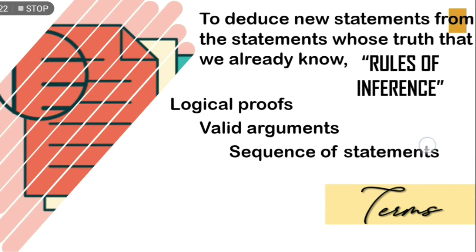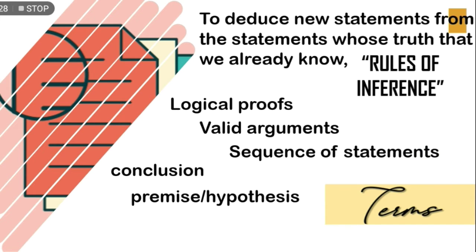The last statement is the conclusion, and all its preceding statements are called premises or hypotheses. This symbol is read "therefore" and is placed before the conclusion. A valid argument is one where the conclusion follows from the truth values of the premises.